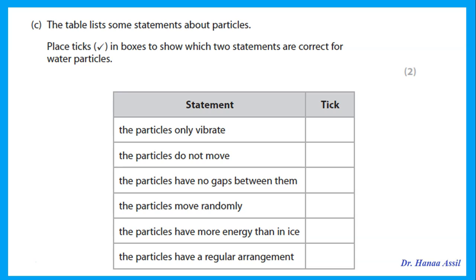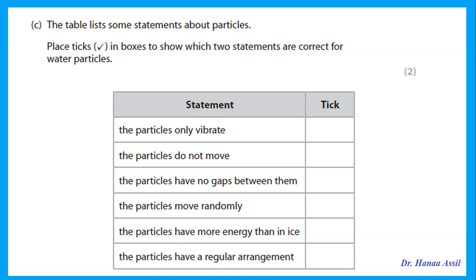The table lists some statements about particles. Place ticks in boxes to show which two statements are correct for water particles. Now, you should know that water is in the liquid state. So in a liquid, which of these are correct? Particles only vibrate?